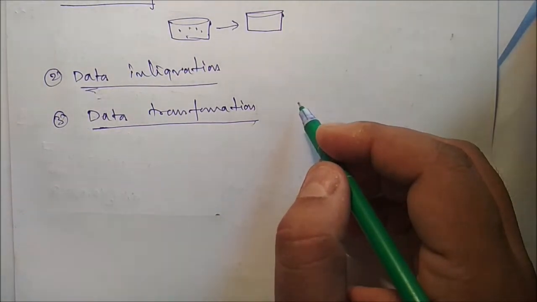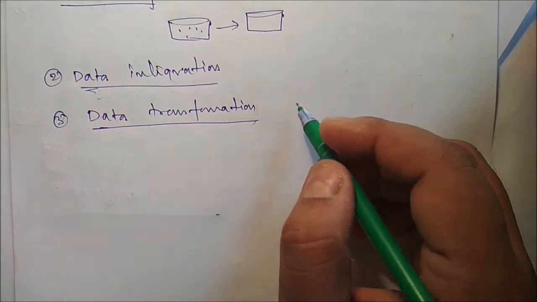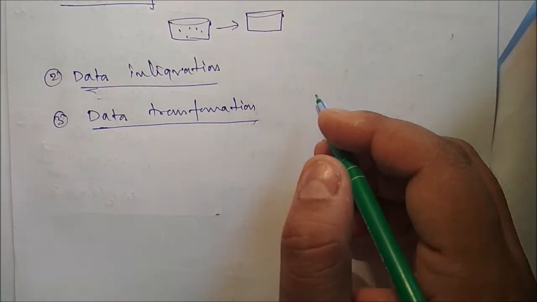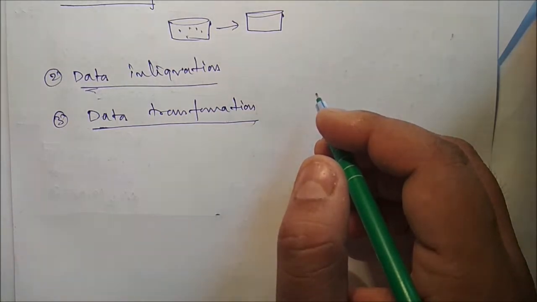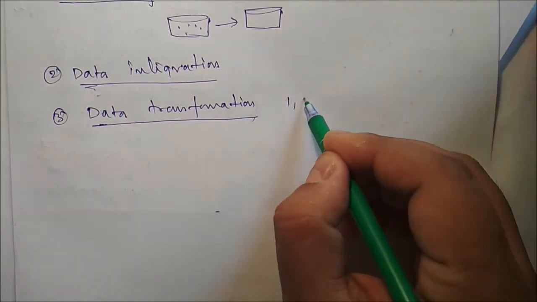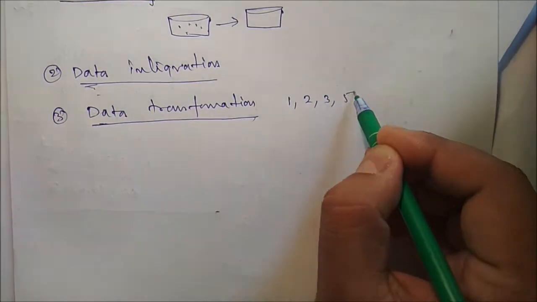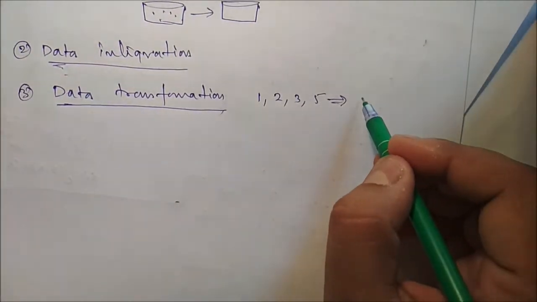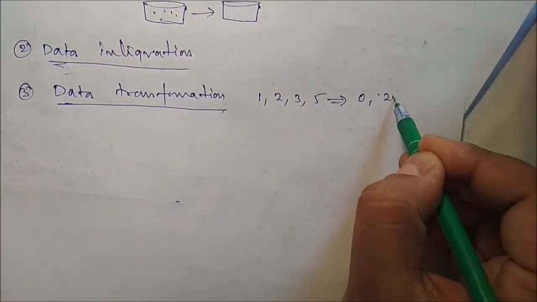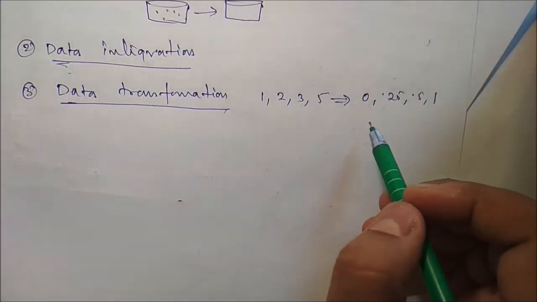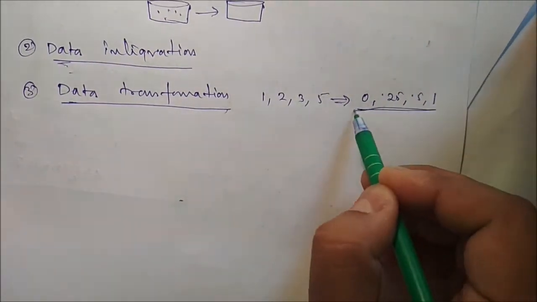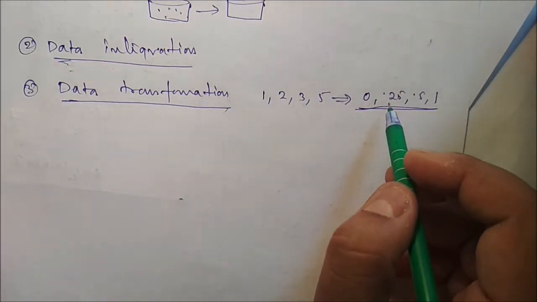We will see min-max normalization, zero mean standard deviation normalization, or z-score normalization. If the data is 1, 2, 3, 5, we may apply normalization and the data will become values like 0.5 and 1, so all the data are between 0 and 1. This is our normalization technique.